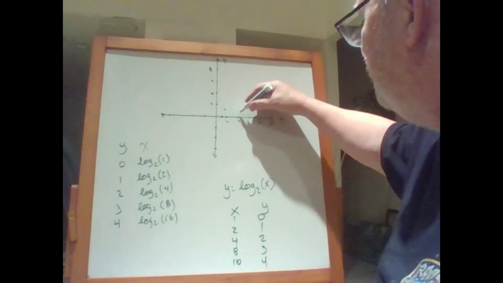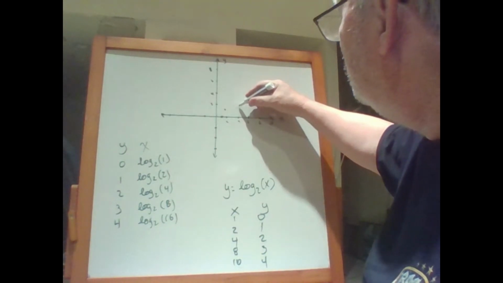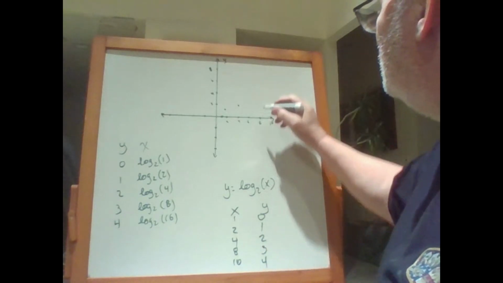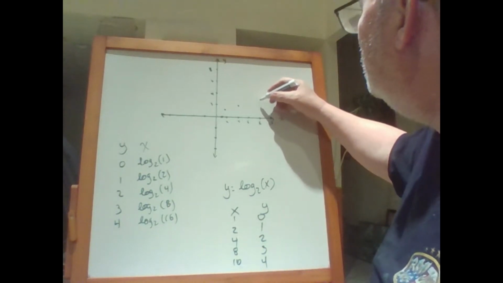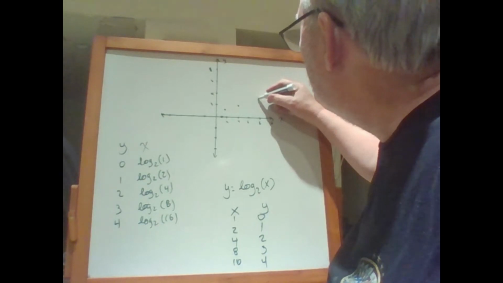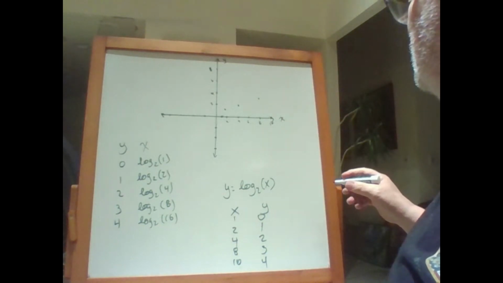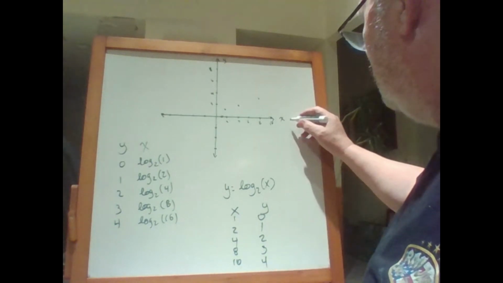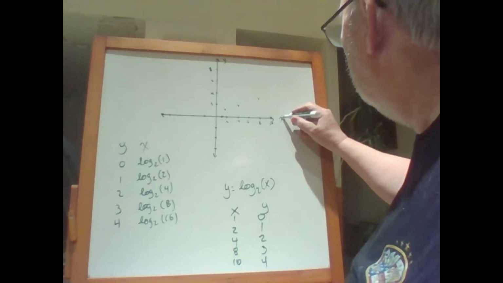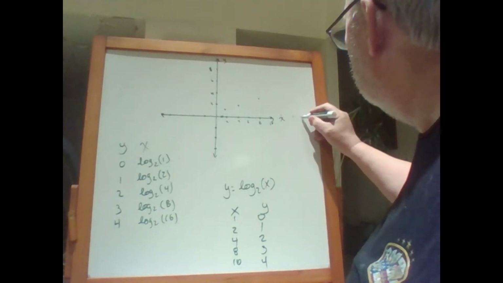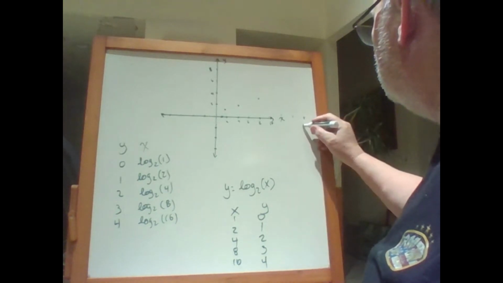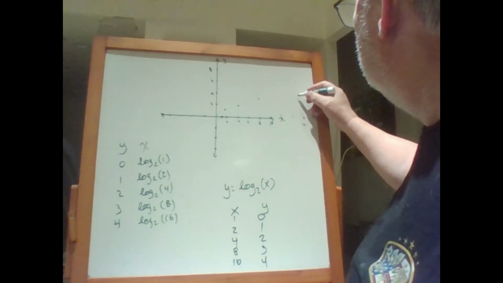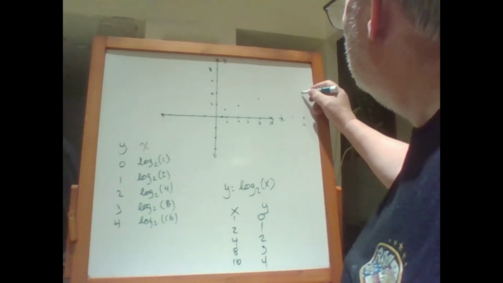When x is 4, y is 2, so right there. When x is 8, we have 3, which is about there. And x is 16, so that's 10, 12, 14, 16, somewhere out here is 16. Y would be 4, so it would be up here.